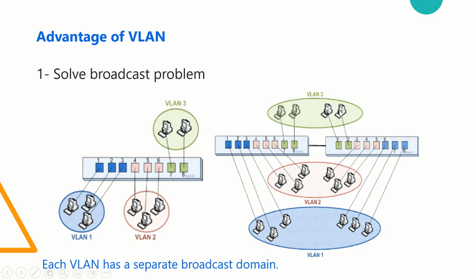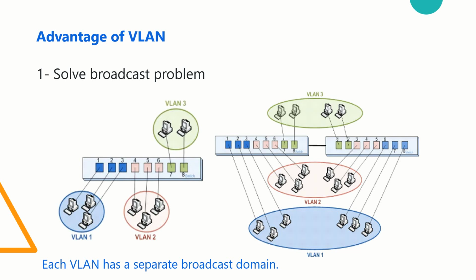You have 4 guest computers in maybe 2 different buildings in your company, maybe on the second floor and the first floor, and you want to assign them to VLAN 3. And for VLAN 3, you can filter something.